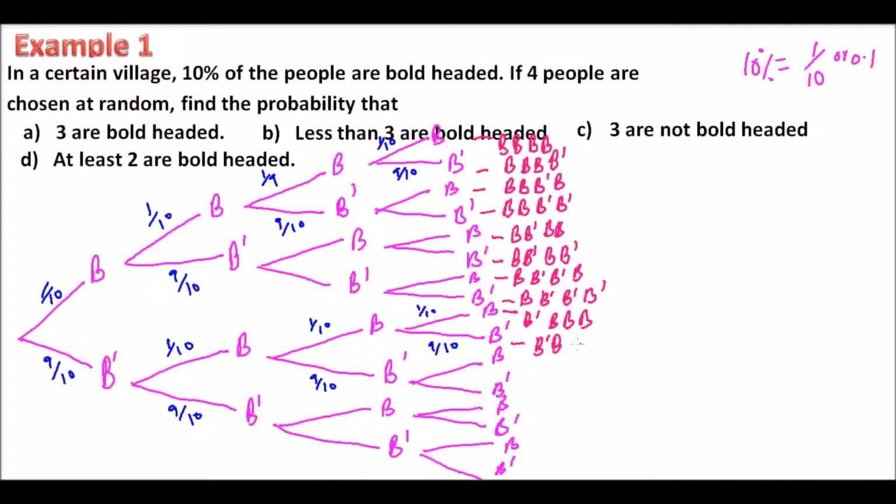The third one is bold-headed, not bold-headed. Then we are here, which is not bold-headed, bold-headed, then not bold-headed, then bold-headed, then this other one, not bold-headed. We have bold-headed, not bold-headed, and not bold-headed.